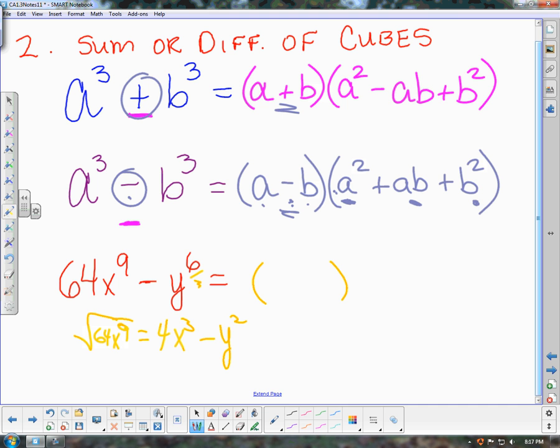And so your factors become a minus b times a squared plus a times b plus y squared.